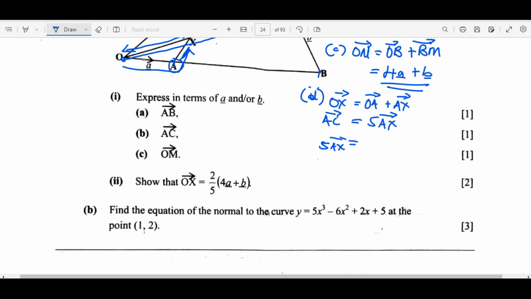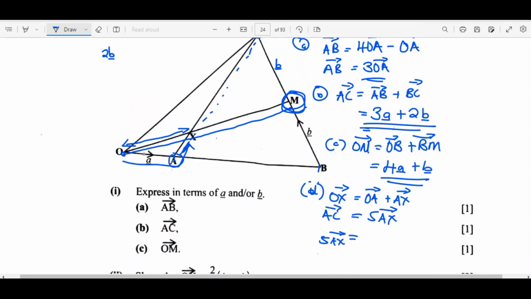Okay, so in short, what we're saying is here we're going to say 5AX is equal to, so we have OA, and then we have here BC. So BC, we know what BC is.